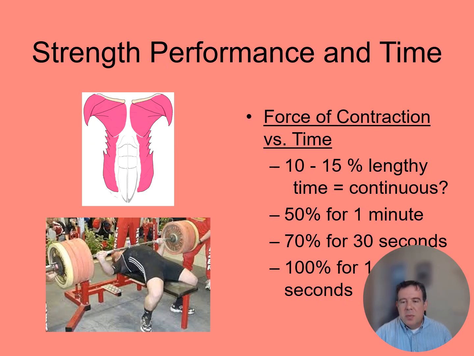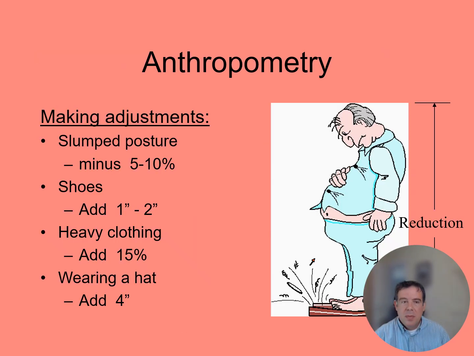For research purposes, and exercise science, usually they say your force contraction at 50% for 1 minute is one of the ones that are generally used. That 100% for 1 second is not generally used because it increases likelihood of an injury. So some things to consider with taking human measurements.